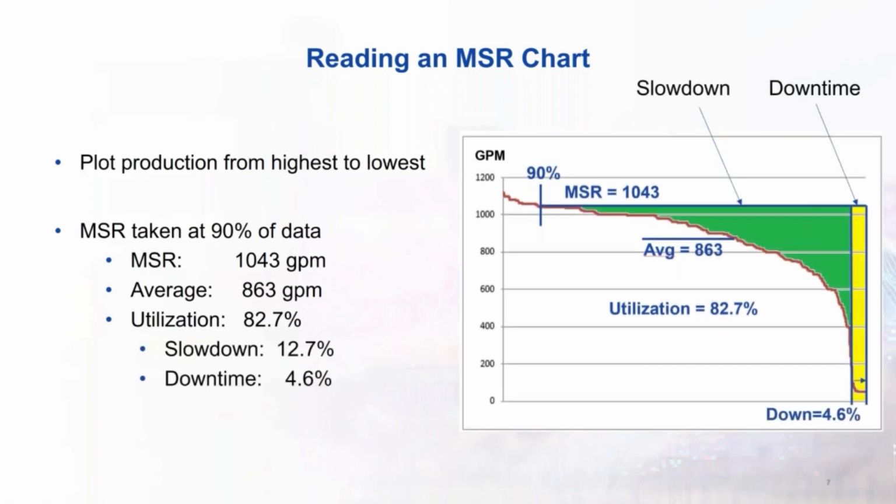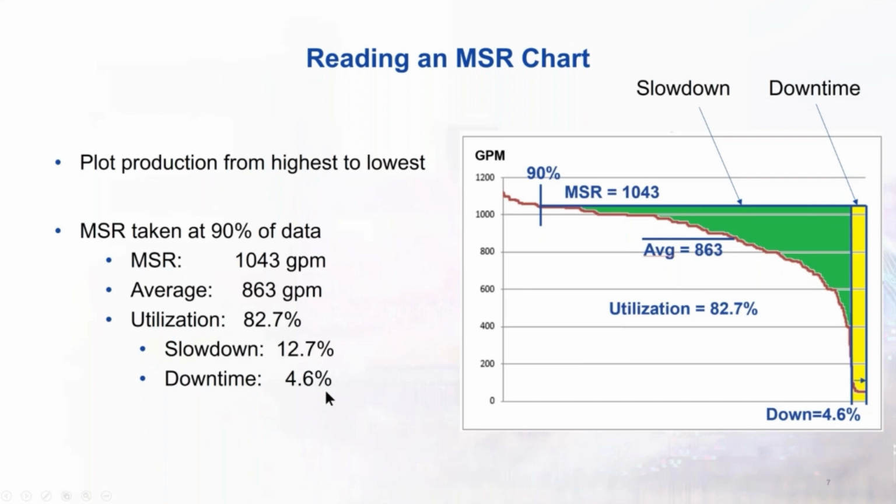And the goal is we're trying to make more production. So we need to take the part that we haven't achieved and break it into two parts. There's a slowdown part and there's a downtime part. In this case, the slowdown part was 12.7% and the downtime is 4.6%.